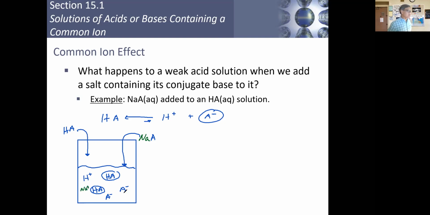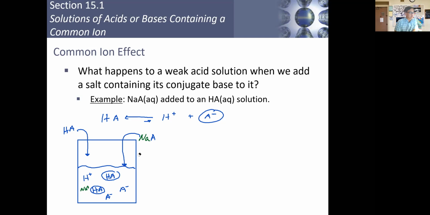So when we add in this base, we are making a solution of both the undissociated acid and its conjugate base. And that's what a buffer solution is. It's a solution in which you have the undissociated acid and its conjugate base.